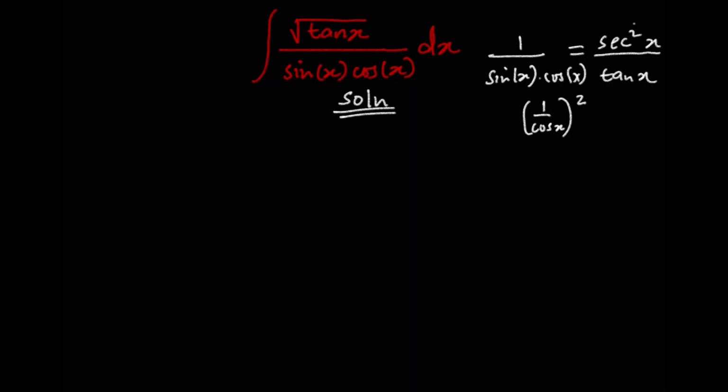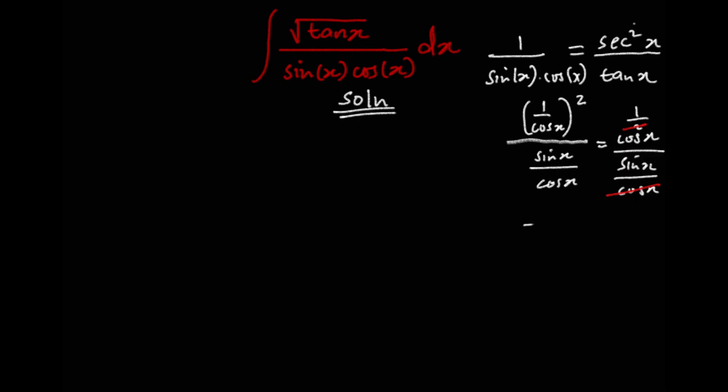So secant square divided by tangent x, with tangent x being sine x divided by cosine x, is the same as 1 divided by cosine square x divided by sine x over cosine x. From here, because there is cosine square x, one cosine x will cancel out.